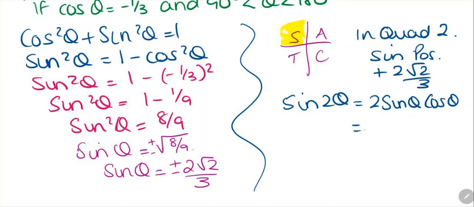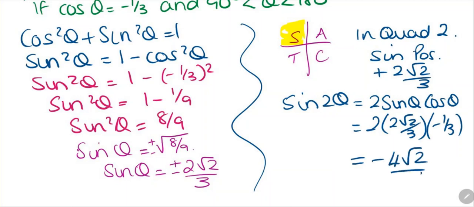So this is 2 multiplied by 2√2/3 multiplied by minus 1/3. And this will be minus 4√2/9.